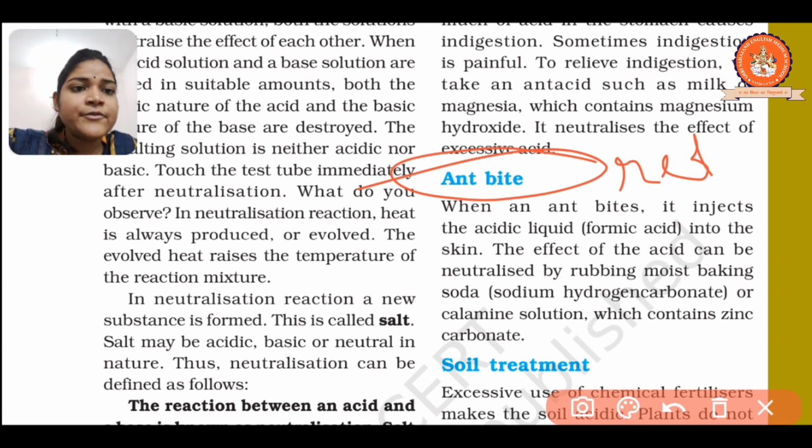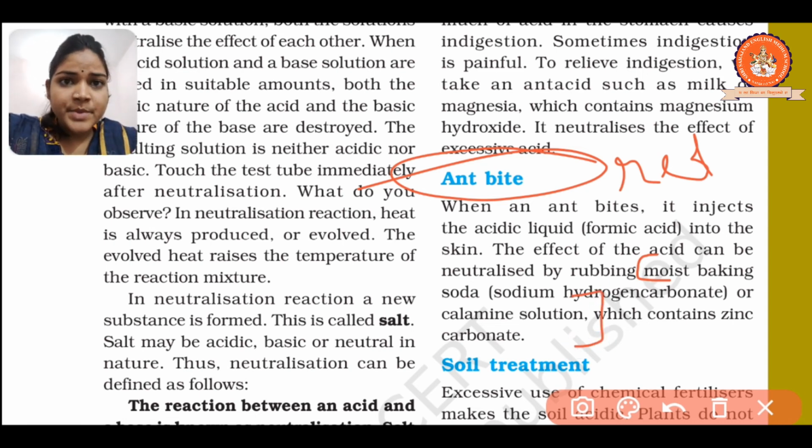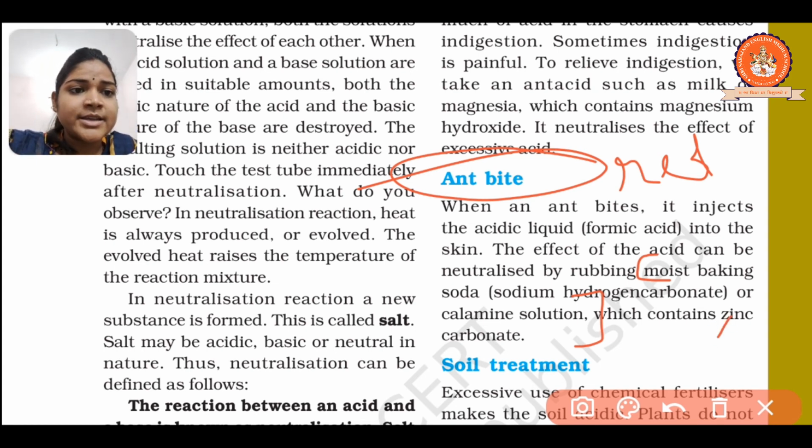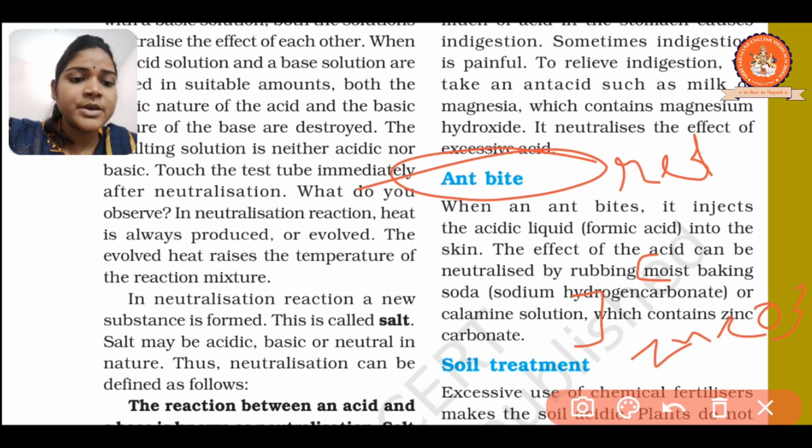To get relief from the pain, we use moist baking soda or calamine solution. These are basic substances. The calamine solution contains zinc carbonate, which is ZnCO3.